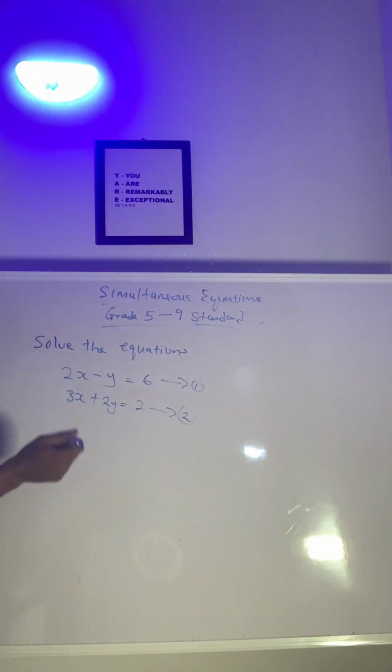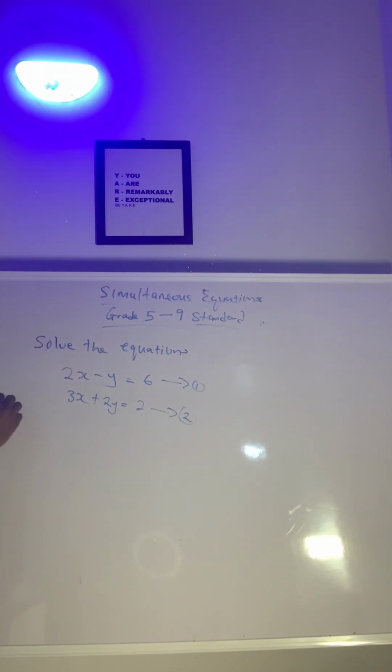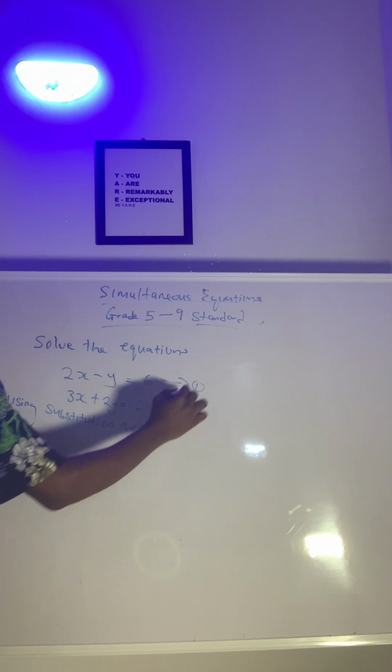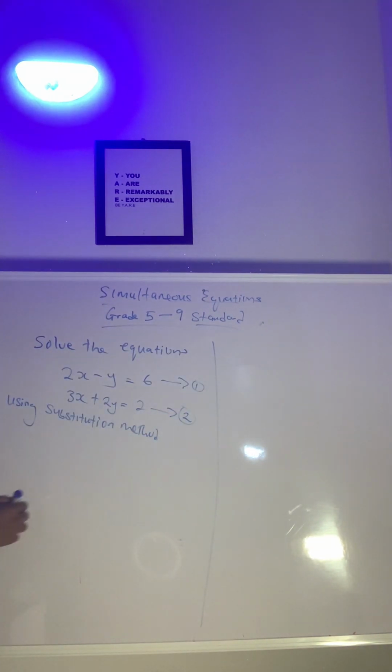So using the substitution method, let me divide my board into 2 so I can use the other part. From equation 1, I'll have 2x plus y will be equal to 6.